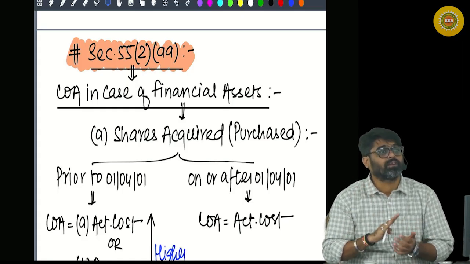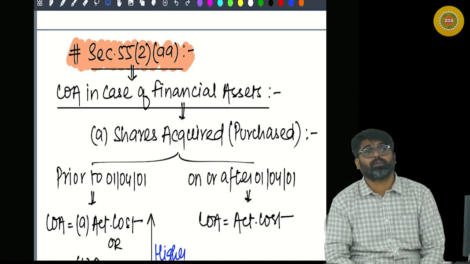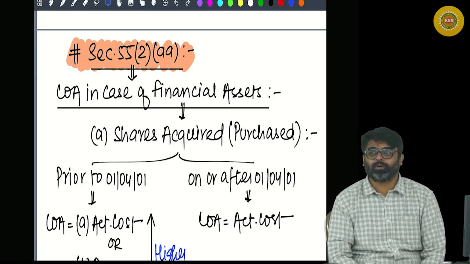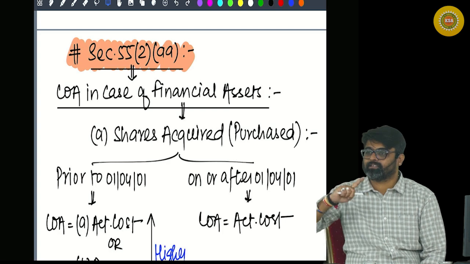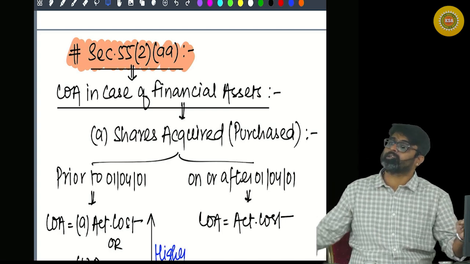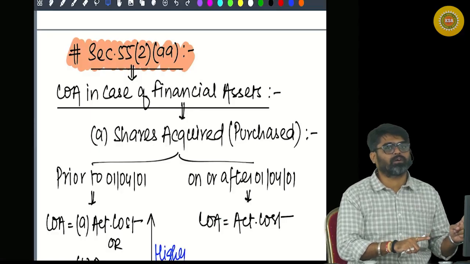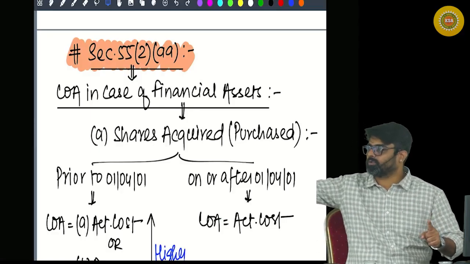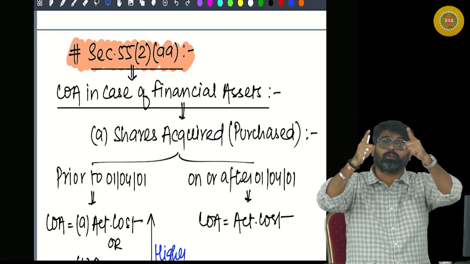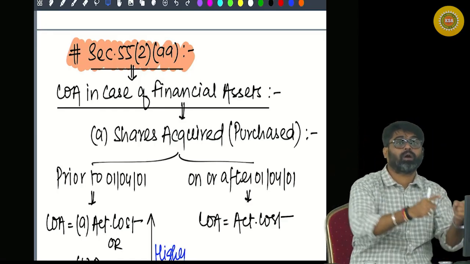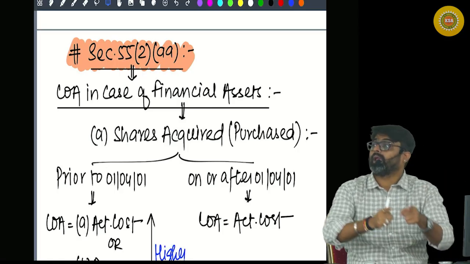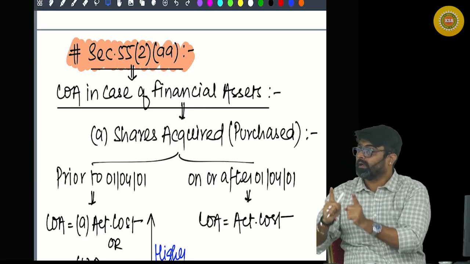But sir, if the capital asset happens to be a 55(2)(a) asset, whenever it is self-generated, whenever it is acquired, whether prior to 1st April 2001, on or after 1st April 2001, cost of acquisition will always be nil or actual cost. If self-generated, then nil. If acquired, then actual cost.